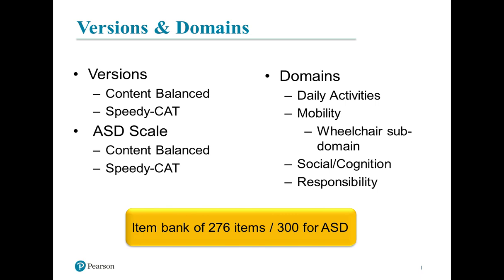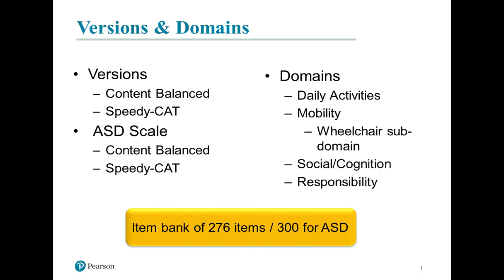Then there's another version called the ASD scale, or the Autism Spectrum Disorder scale. And this is a scale that's been modified to meet the needs of those on the Autism Spectrum Disorder. So with that, it's basically a module that has been validated for the population of children and adolescents on the Autism Spectrum Disorder. And it includes additional directions to help caregivers select appropriate ratings.